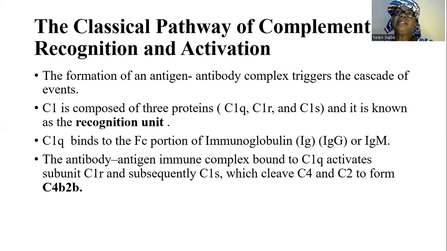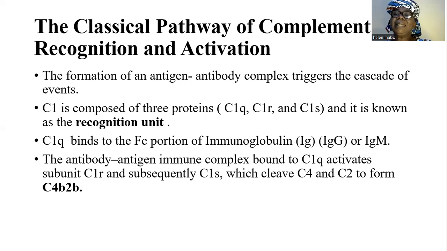These include 1, the classical pathway, 2, the alternative pathway, and 3, the lectin pathway. But in this video, the classical pathway of complement recognition and activation will be discussed.